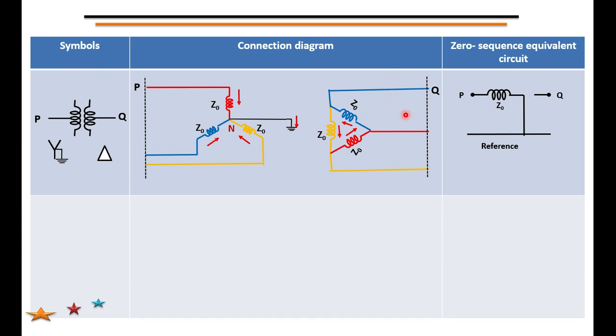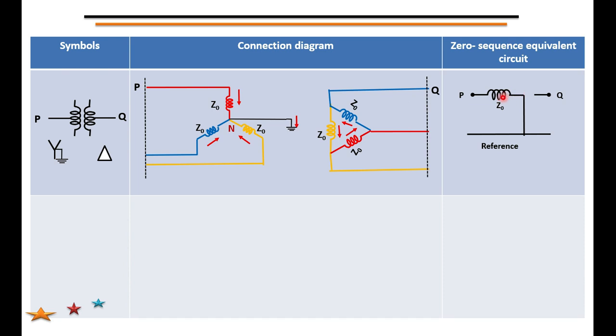In the line there is no flow of current, they are only circulating here. Therefore current is circulating here itself on a per phase basis. They are circulating here only. Therefore you have to show the gap between P and Q at this particular point. This is how you have to represent the zero sequence network for star delta.